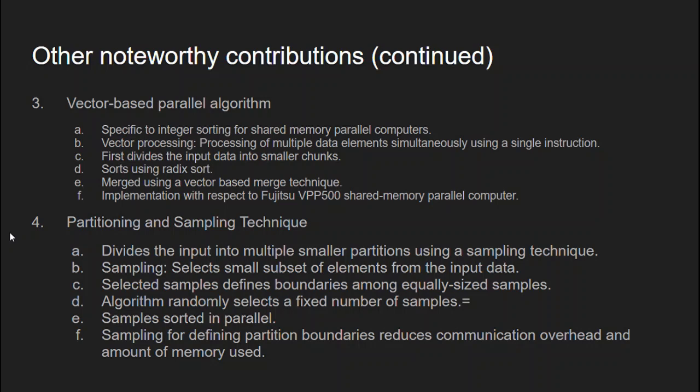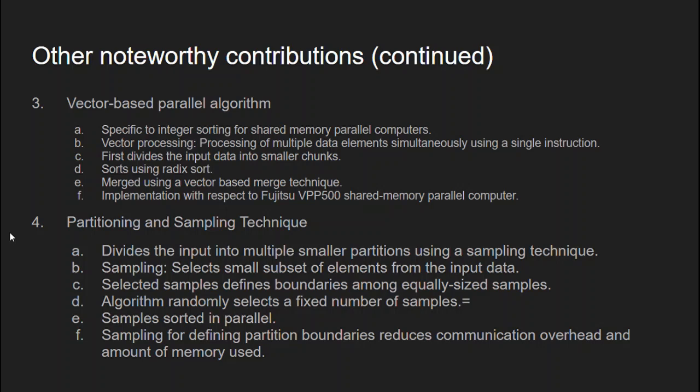Next, we discuss a vector-based parallel algorithm that is specific to integer sorting for shared memory parallel computers. Let's first talk about what is vector processing. Unlike the traditional scalar processing, vector processing involves the processing of multiple data elements simultaneously using a single instruction. Like many other algorithms, this technique also involves the use of radix sort to first divide the input into smaller chunks.